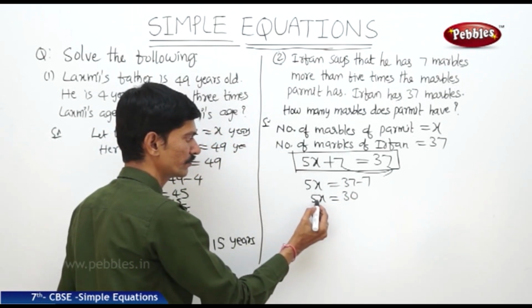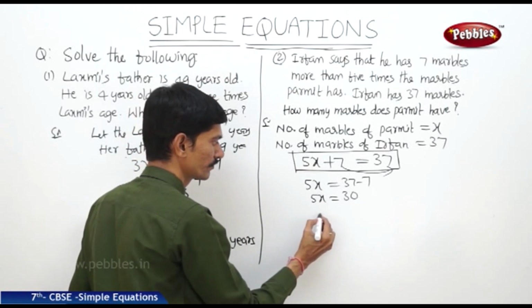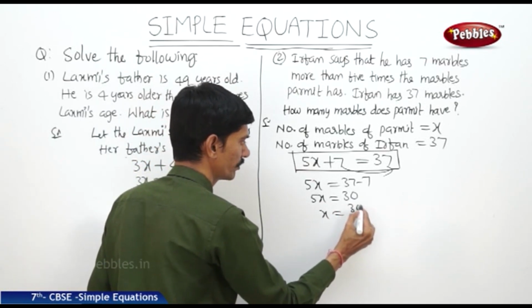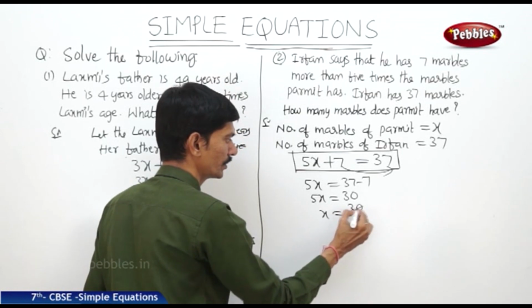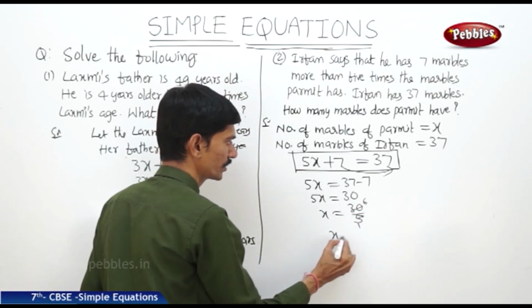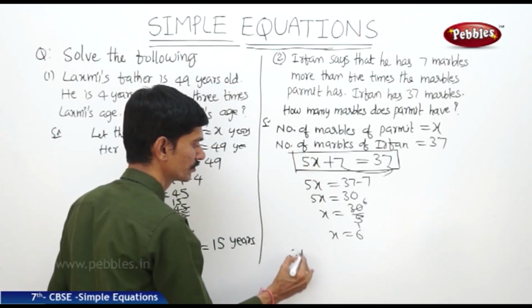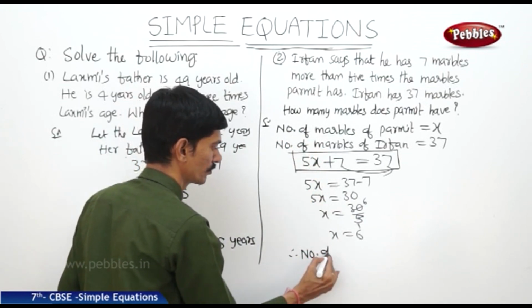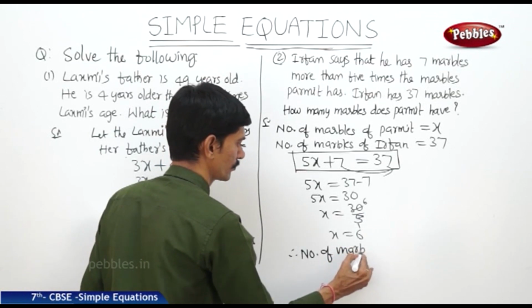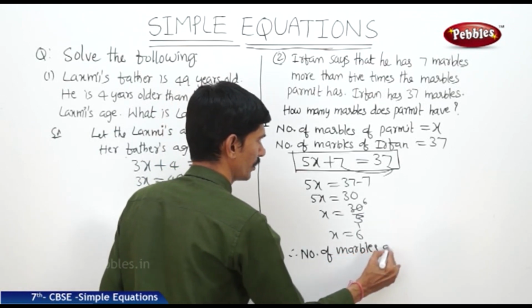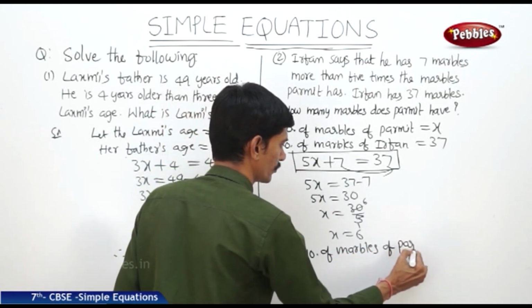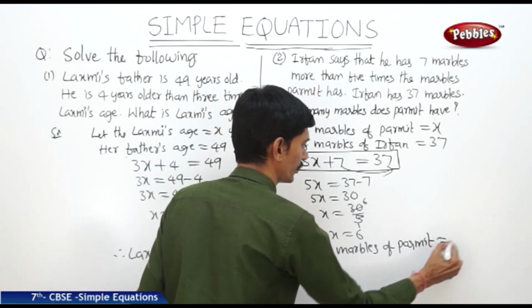Then by transposing 5 to the RHS, we get x equals 30 divided by 5. So 5 1s are 5 and 5 6s are 30. So x equals 6. Therefore the number of marbles of Parmit equals 6.